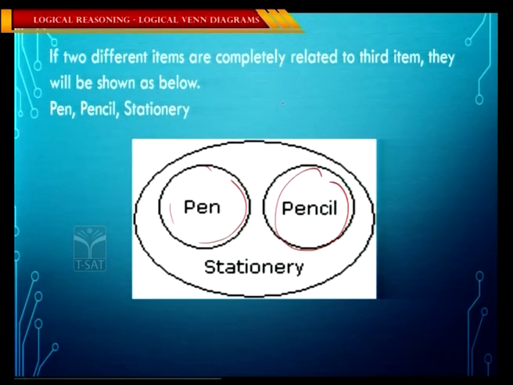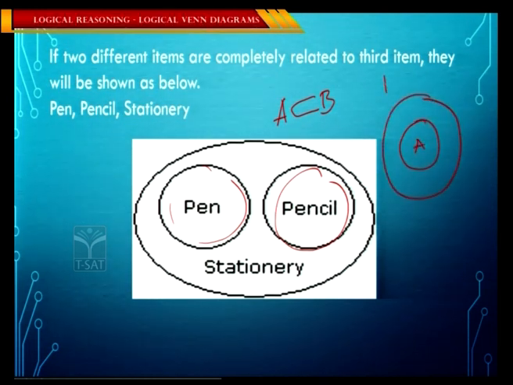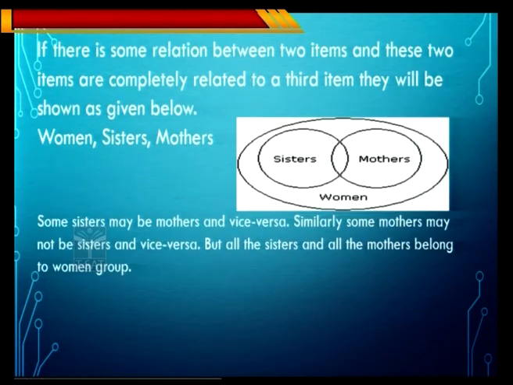When A is a subset of B, it means all the elements of A are present in B, so we represent it with A lying inside B. Clear? This is a very, very important thing that you can represent. Okay. Now, we will move to the next.